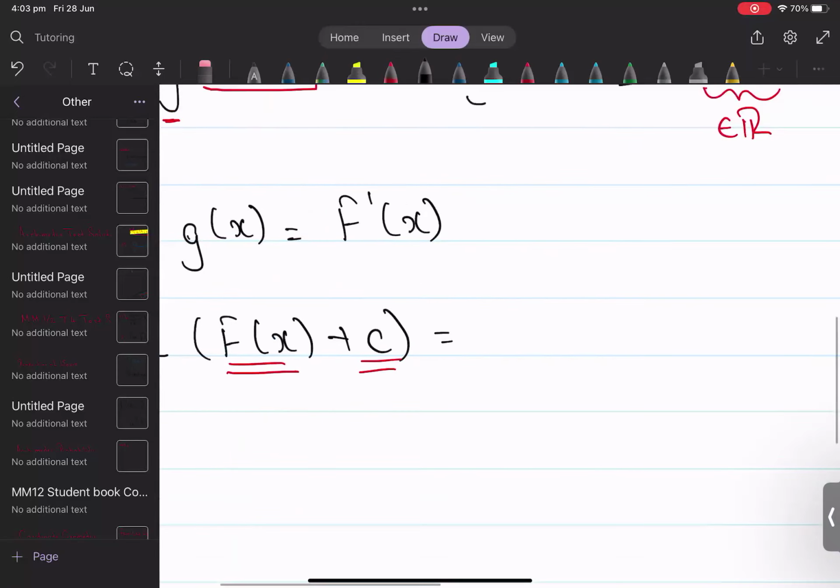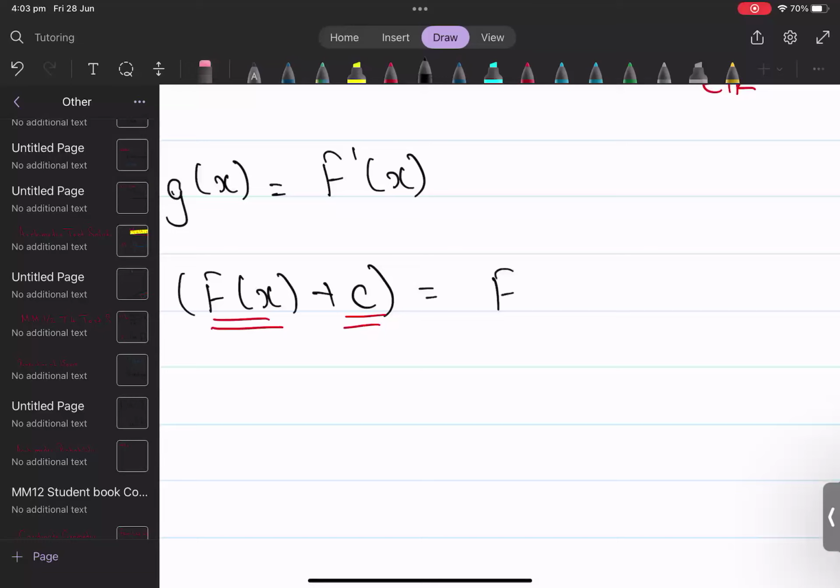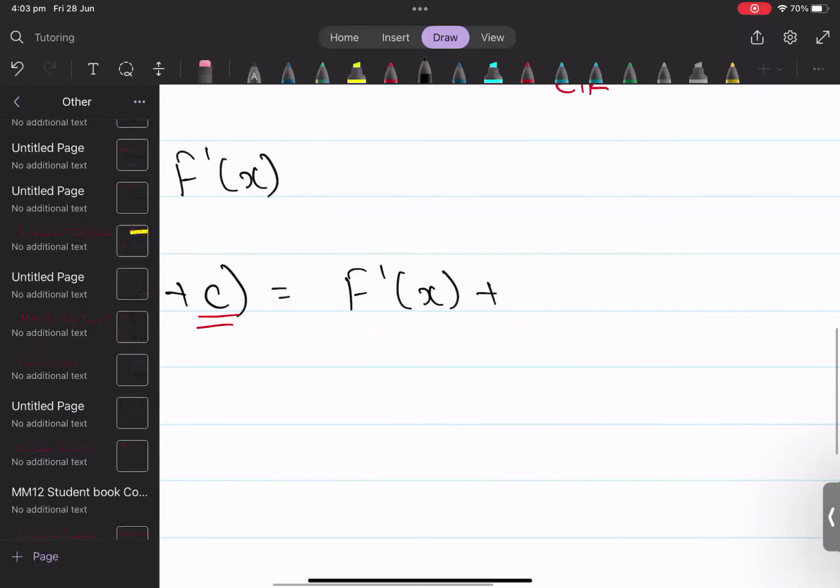So the derivative with respect to x of f of x is just f dash of x. That's fine. But the derivative with respect to x of c is just equal to 0 because c is just a constant. The derivative with respect to x of a constant is equal to 0. That's just by the definition of taking the derivative.